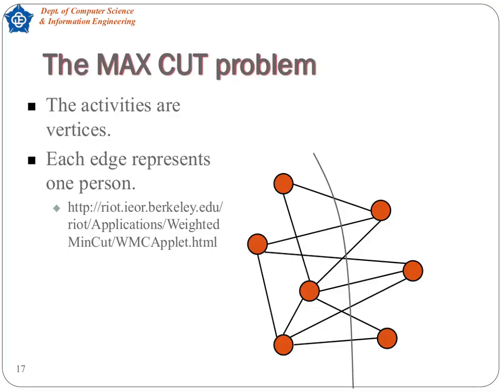To illustrate the max cut concept we just introduced, let's now look at the max cut problem in more detail. Here, the nodes we talked about, or the activities we're analyzing, are represented as vertices, and each edge connecting these vertices represents a specific connection, in this case, one person. Take a look at the right side of the slide. You'll see a visual representation of such a graph. Notice the orange circles serving as our vertices, and the black lines acting as the edges.